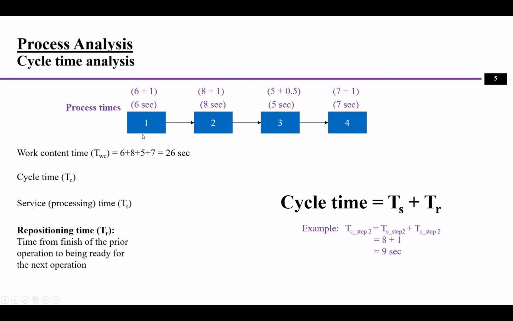Process 1 is doing task 1, 6 seconds. Process 2 is also doing its work. Process 3, same thing. Process 4, as long as the products keep flowing on this line, the operator just keeps working on the parts.